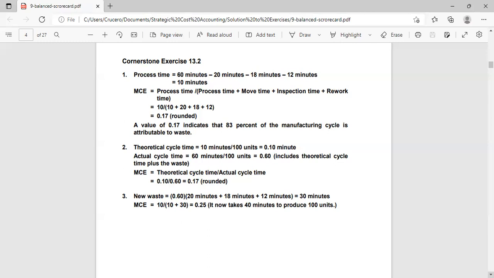So the MCE is the theoretical cycle time divided by the actual cycle time.